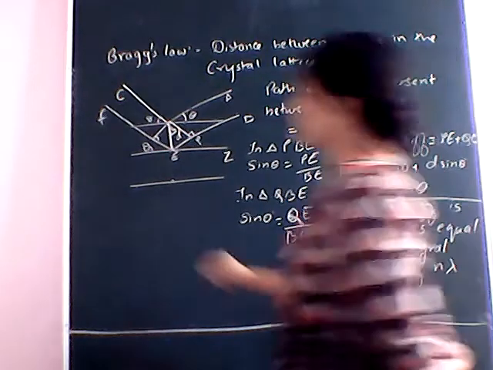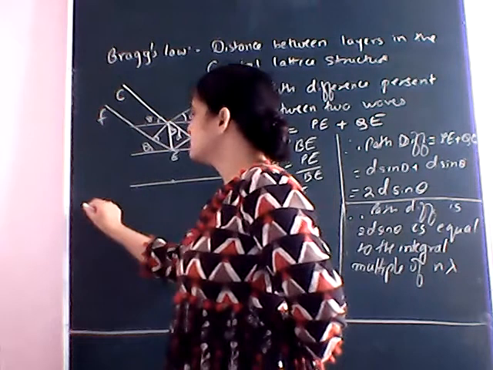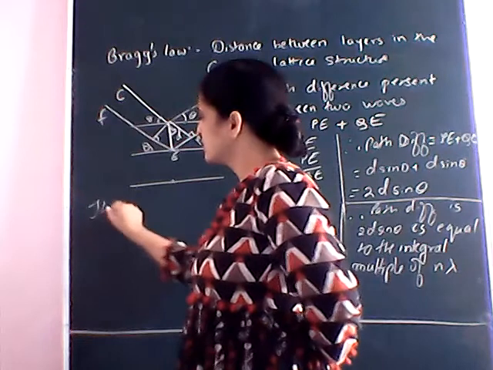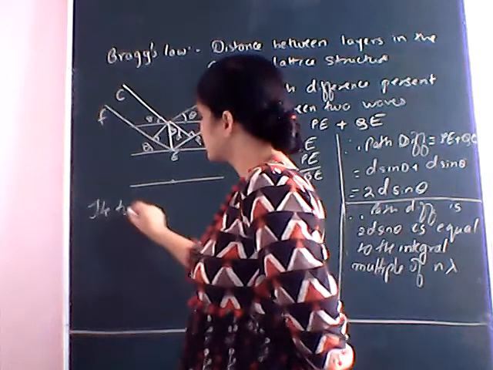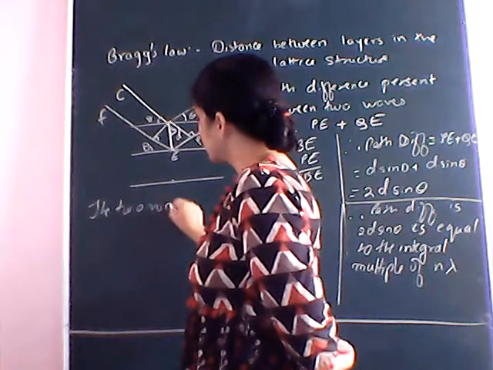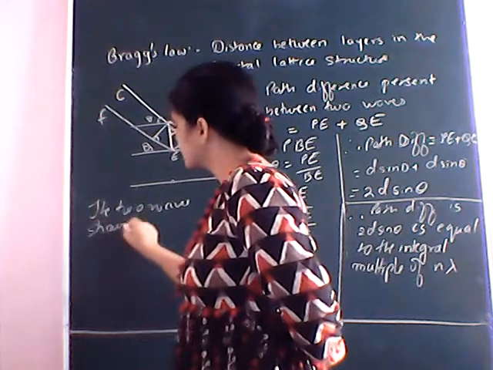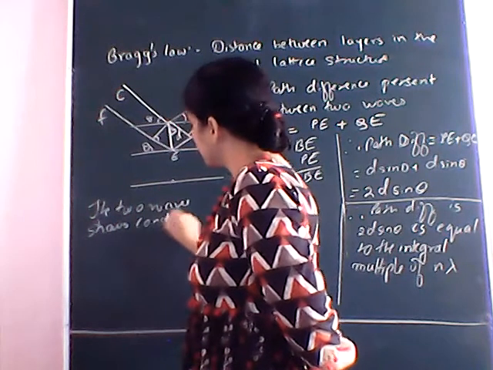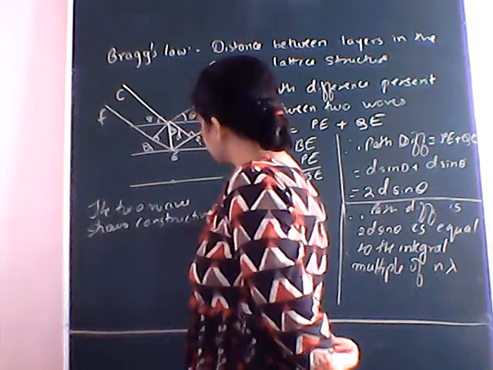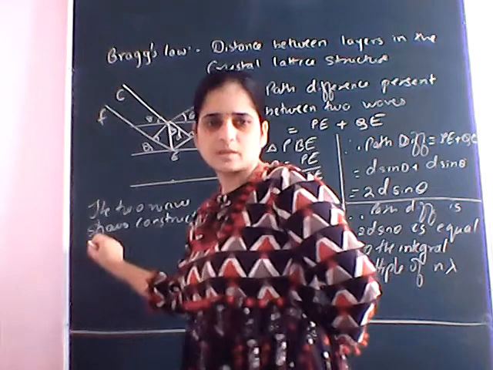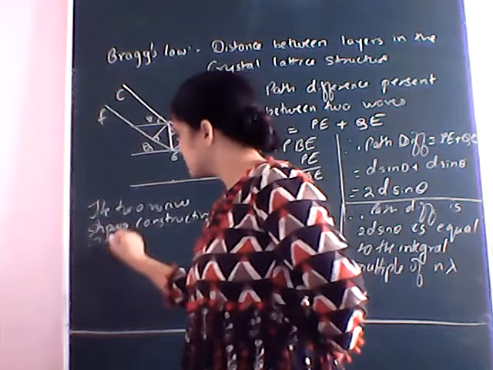So from this you can say that the two waves show constructive interference.